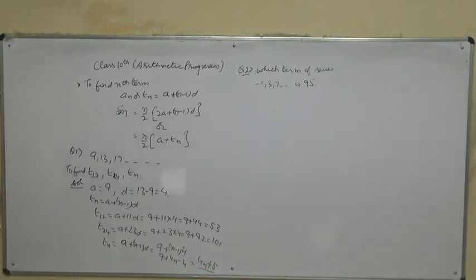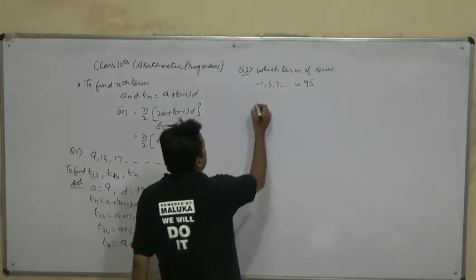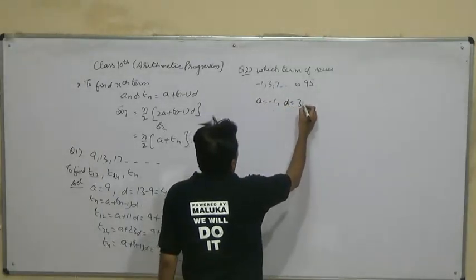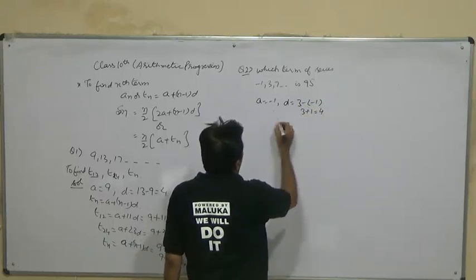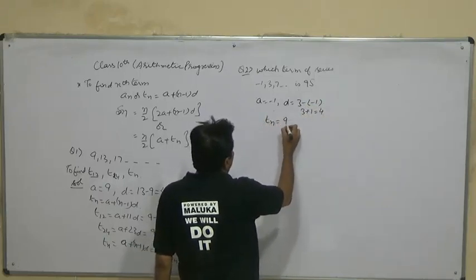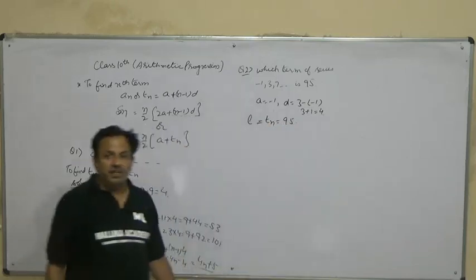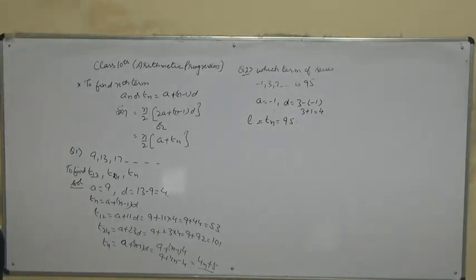We have to use the same formula, but what are we given here? We are given a is equal to minus 1, d is equal to 3 minus (minus 1), which is 3 plus 1, which is equal to 4, and tn is given as 95. So L or Tn is the same thing. Last term is given to us as 95.